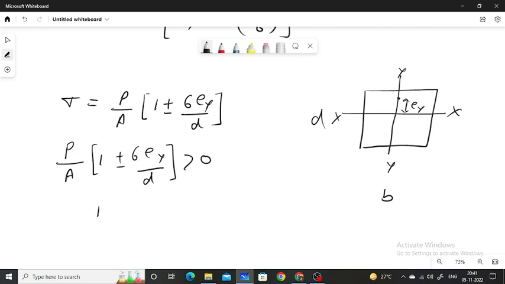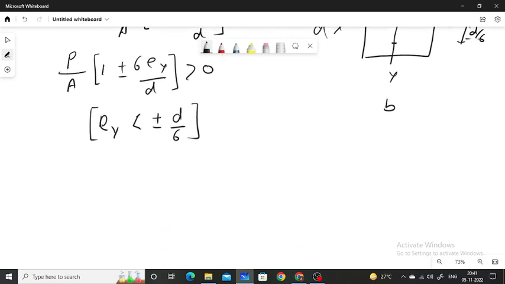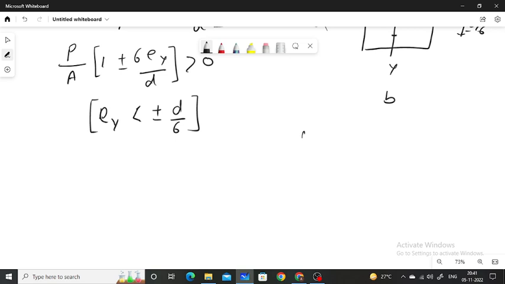So from here again, the eccentricity should be less than plus minus d/6. If the eccentricity from the x-axis is less than d/6, that is from plus d/6 to minus d/6, in that case there will be no tensile stress developed in the column.